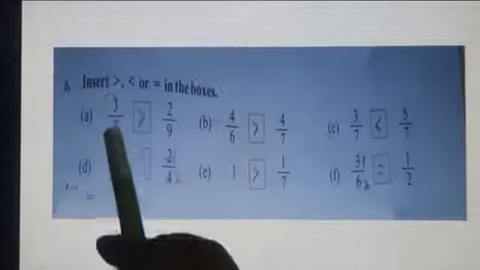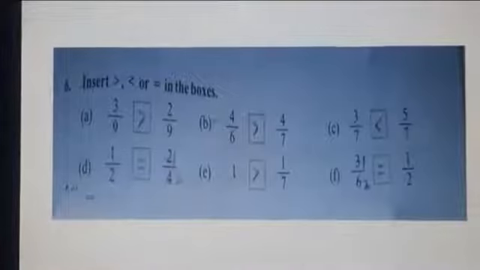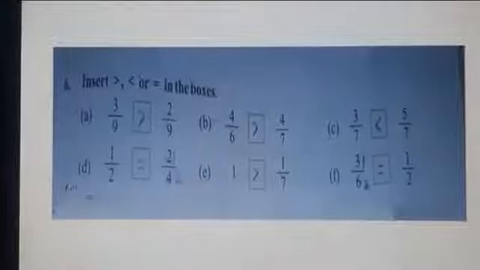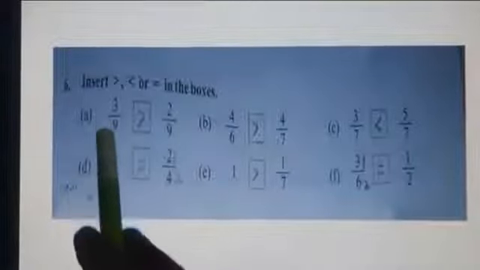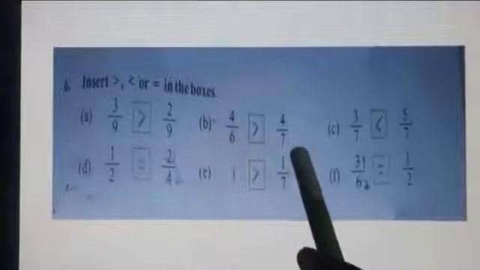A part, 3 upon 9, 2 upon 9. See, the denominators are same, and when denominators are same, then the fraction whose numerator is greater will be the greater fraction. So 3 upon 9 is greater than 2 upon 9. 4 upon 6, 4 upon 7.